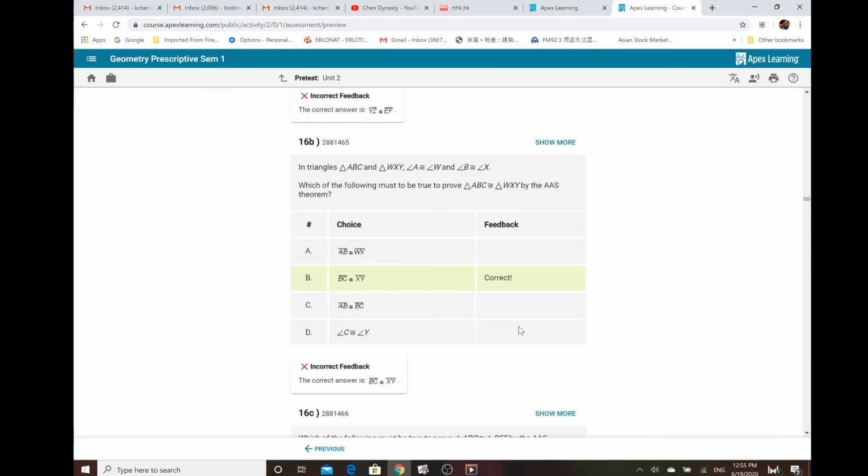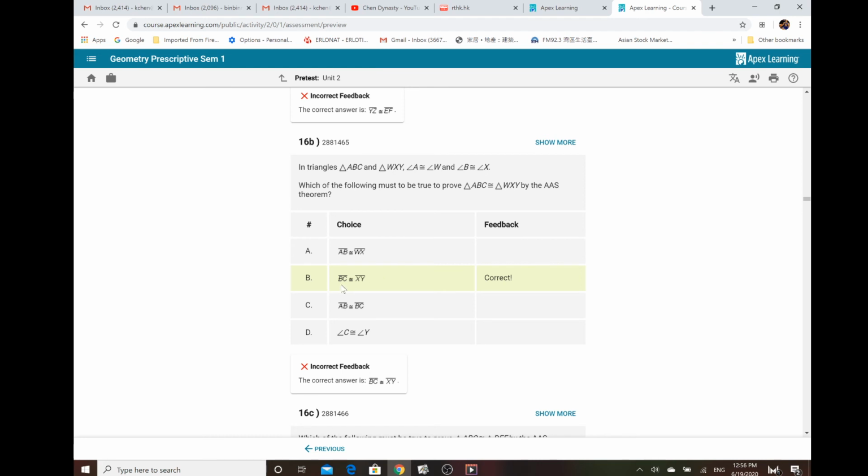Okay, so here's another one. Which of the following must be true to prove that triangle ABC is congruent to triangle WXY by using AAS? We do have two pairs of congruent angles already. Angle A is congruent to angle W, angle B is congruent to angle X. In order to apply AAS, we need to use the excluded segments.